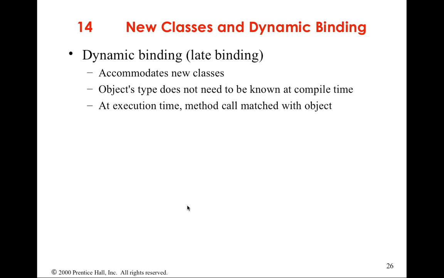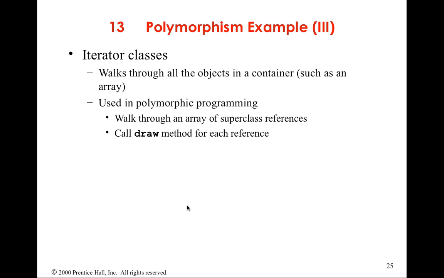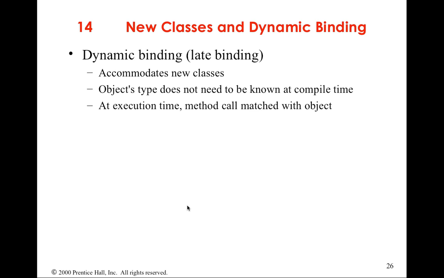So polymorphic behavior works with abstraction as well, because if you make it abstract, then in terms of the implementation, take the area method as an example. The area method is abstract in shape. What gets implemented in circle is going to be different from what gets implemented in a different extension of shape, like a triangle or a rectangle.